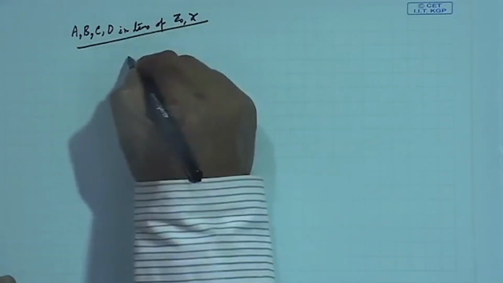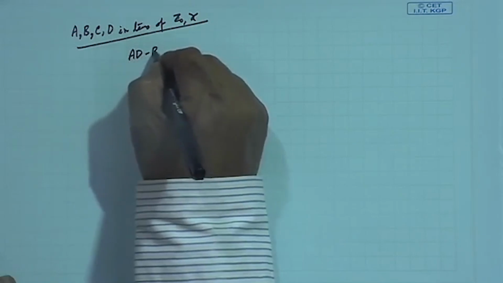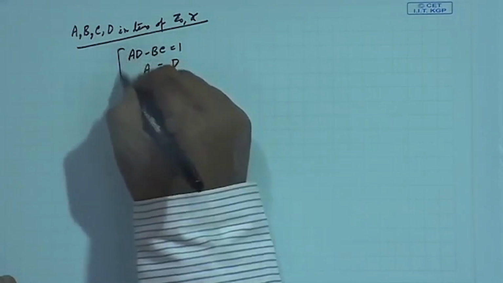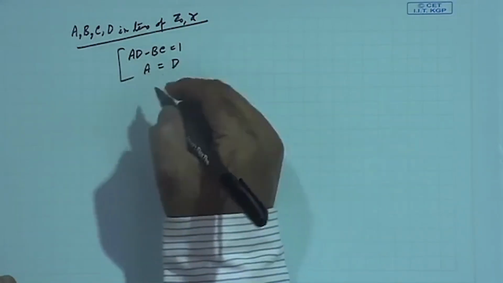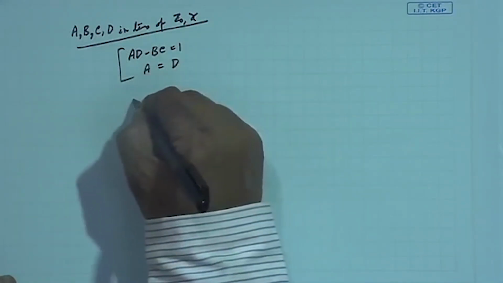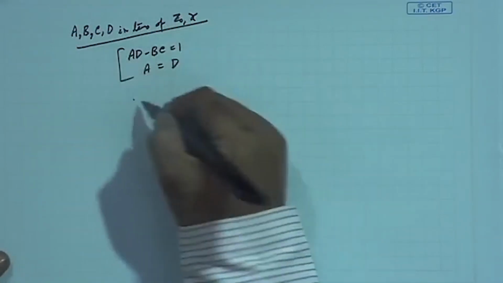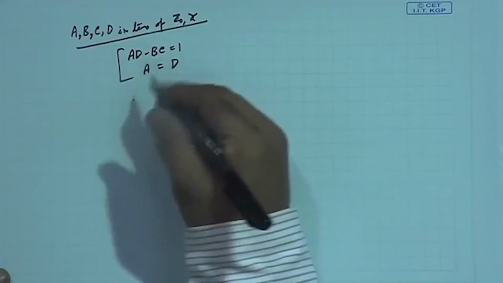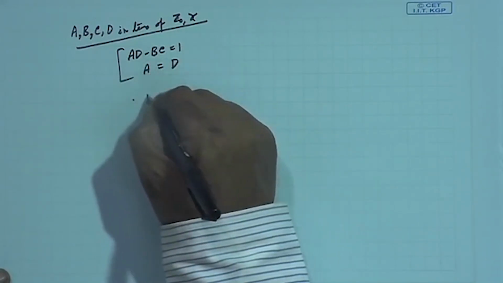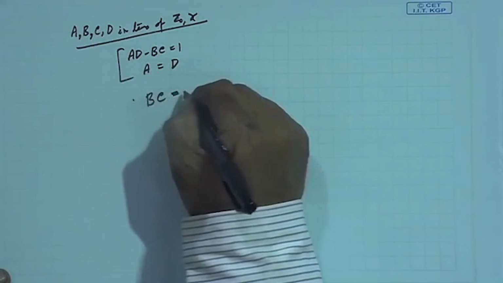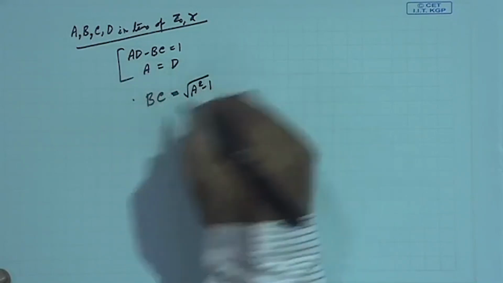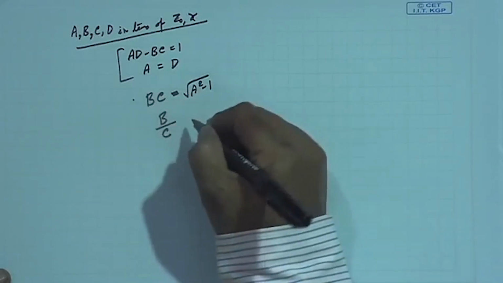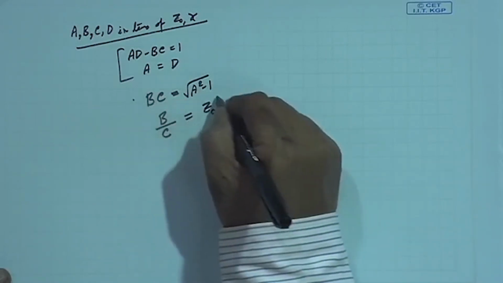So, you can start from AD minus BC is equal to 1 and also A is equal to D. With this, if we put A is equal to D, we get BC is equal to A squared minus 1. Also we know that B by C is Z0 squared.